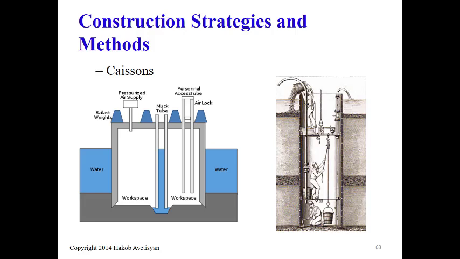On a smaller scale, where you do not operate construction equipment inside the caisson, these systems, for sheet piles, for load-bearing piles, and so on that we talked about, can be used for cofferdams.